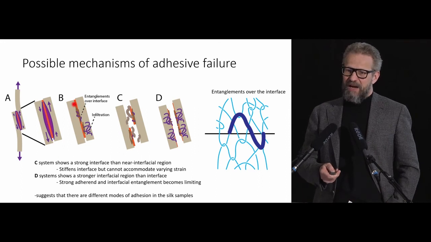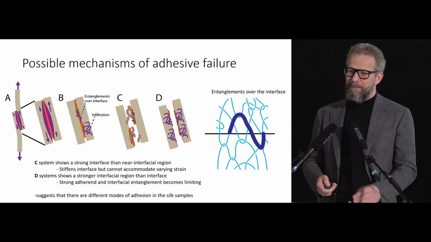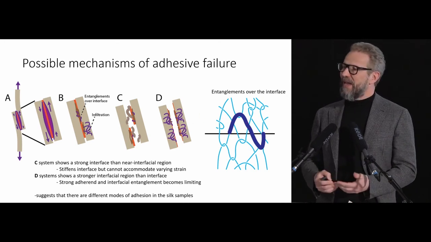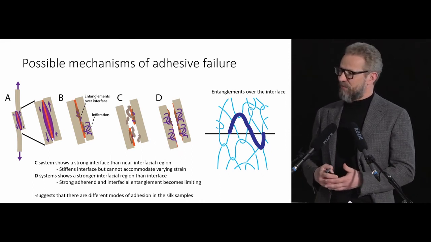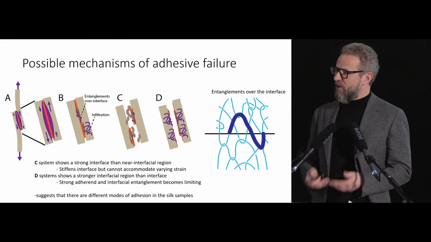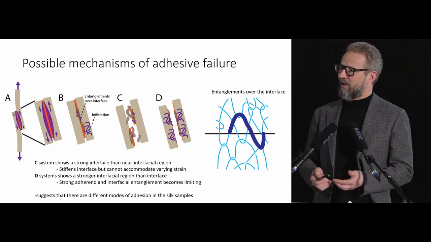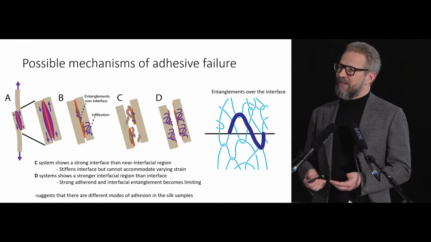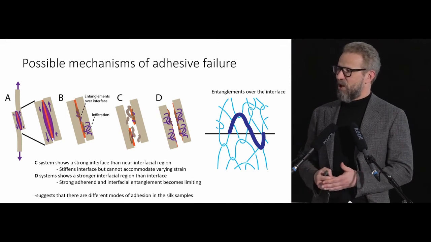So, the entanglements that I was talking about will create a strong interface. If they go over the interface, that will be strong. Also, if there is good infiltration in the system, that will give strength. Take the example of the starch, which doesn't infiltrate into the cellulose.